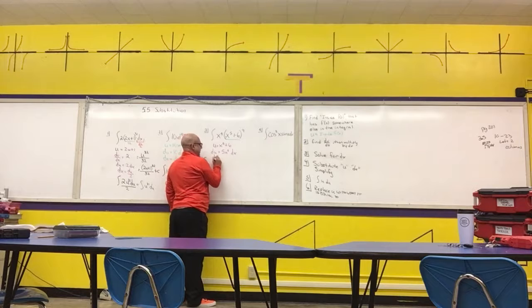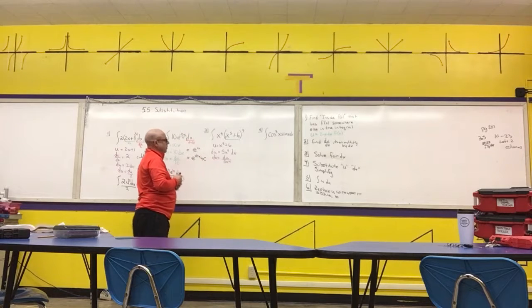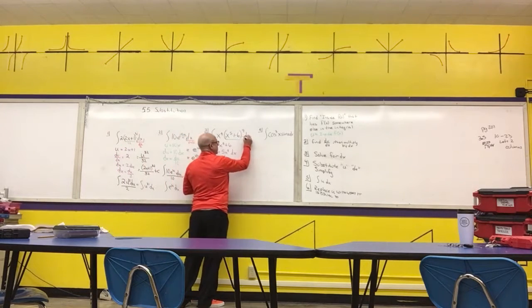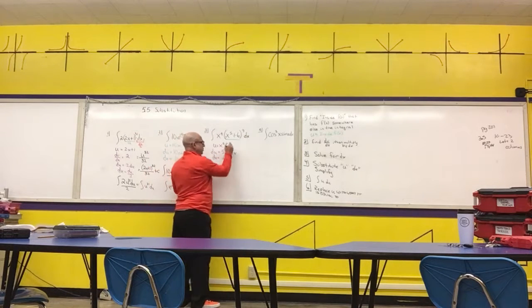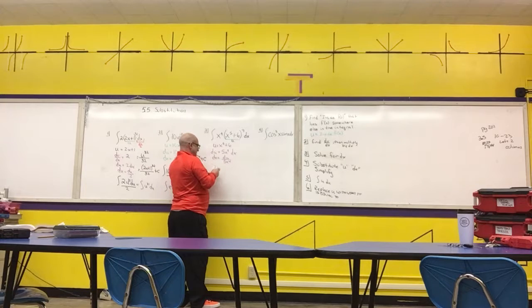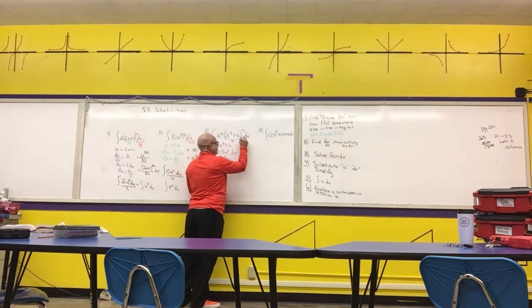So I get dx is equal to du over 5x to the 4th. I forgot my dx over here. Now I'm going to make my substitution. This part is u, and dx is equal to du over 5x to the 4th.